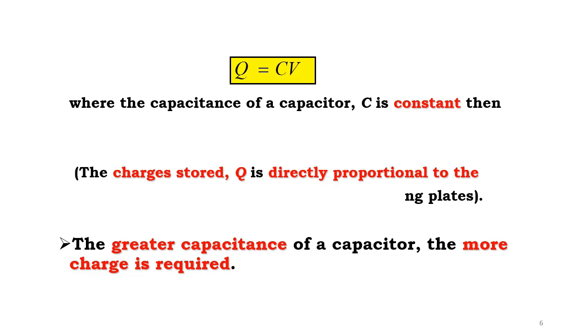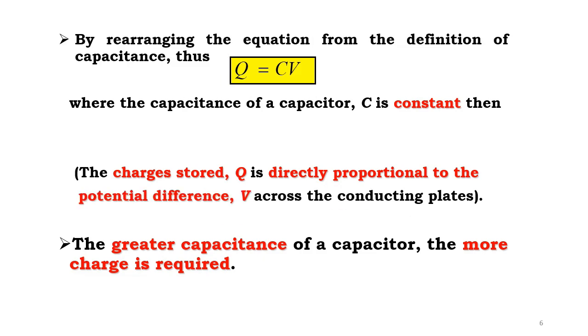From the equation Q equal to CV, if we keep the capacitance constant, Q is proportional to V. If V increases, Q also increases. In other words, the charge stored, Q, is directly proportional to the potential difference across the conducting plates.